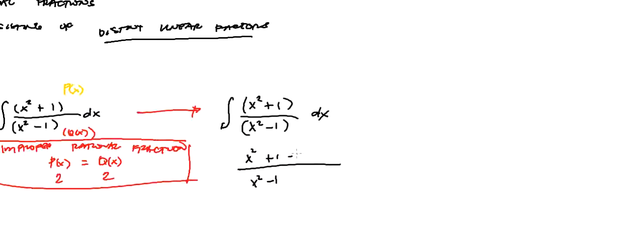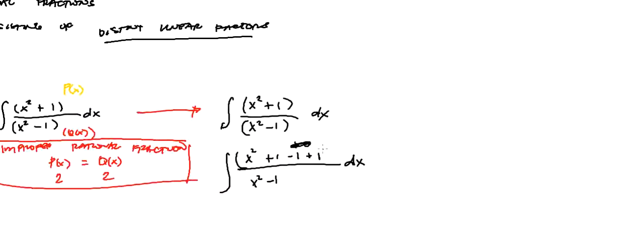So I will add minus 1, and in order for this to be equal to the original equation, I will also add 1 because minus 1 plus 1 is just 0. So technically we are just adding 0, which will not affect the entire equation here, right? So we have dx.